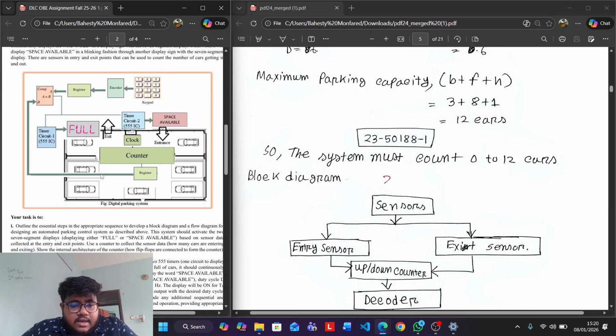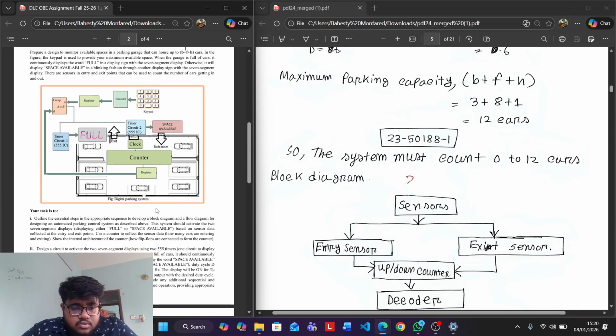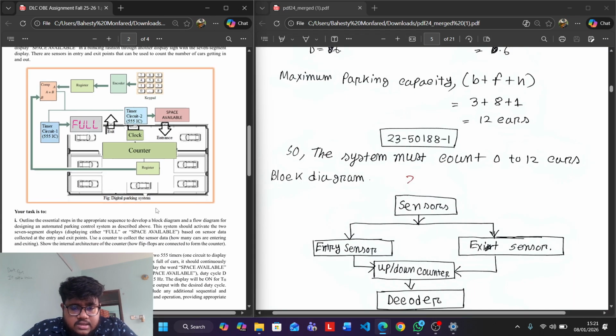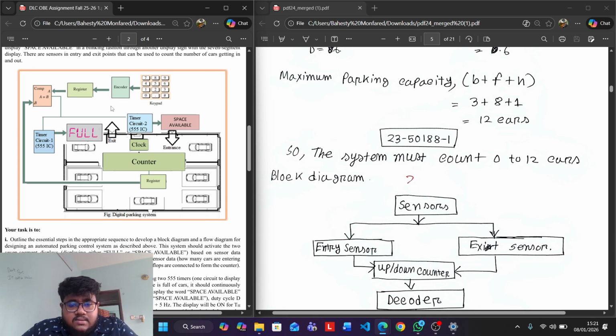For the first question, at the initial stage we have to develop a block diagram for designing an automated car control system as described above. In this figure we see a keypad, and the keypad gives an input.